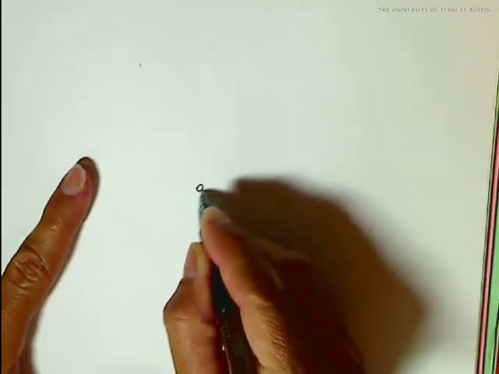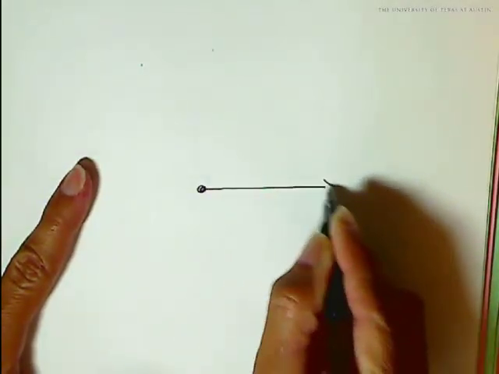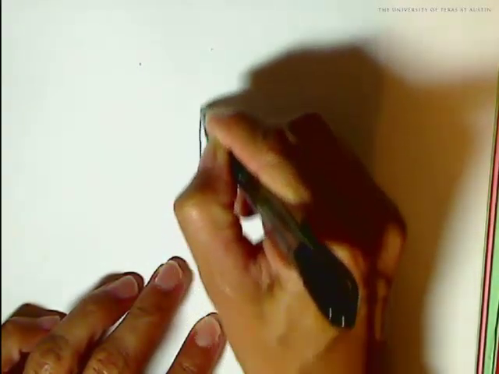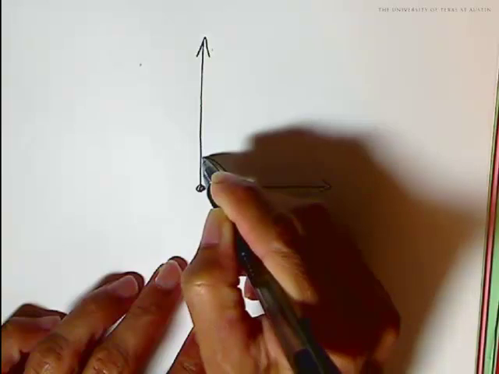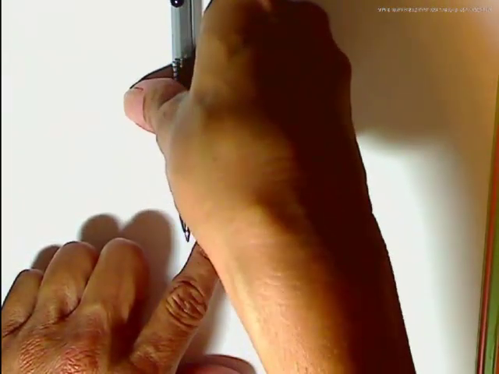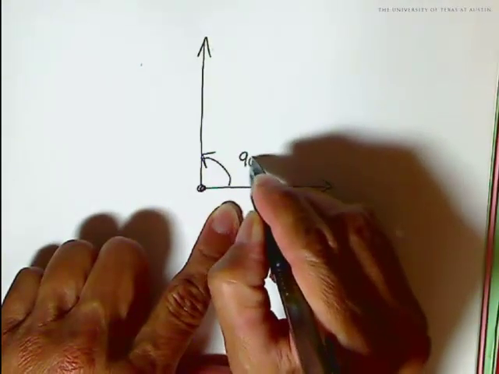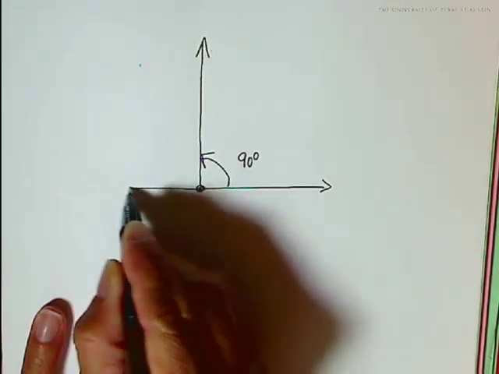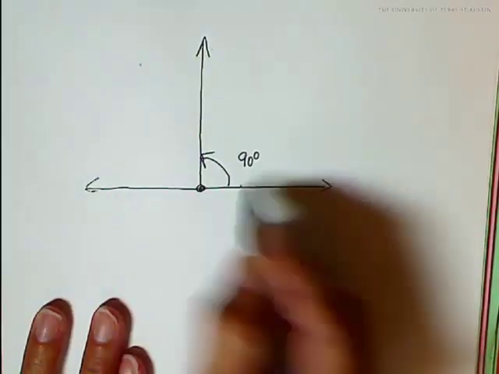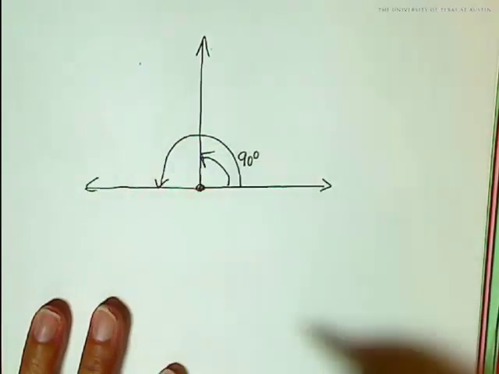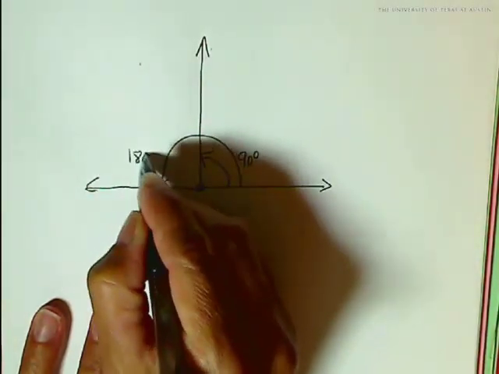So let's draw an initial side here, and let's talk about some familiar angles. If I go from here to here, so there's my initial side, and I terminate at the vertical axis, then I know that this is 90 degrees. If my initial side begins here and terminates on the other side, I have 180 degrees.